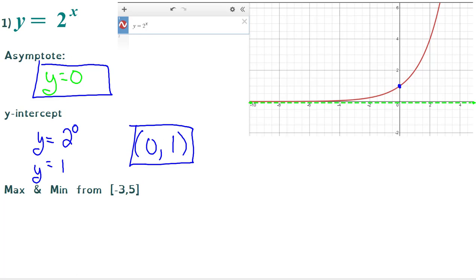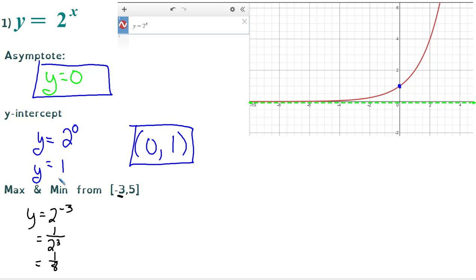Now when we find the max and the min, we're going to do the same thing as we did with the y-intercept. We're going to plug those values into the x and figure out the value. So starting off, we're going to find out when x was negative 3. So we have y equals 2 to the negative 3. That means 1 over 2 cubed, which is 1/8.